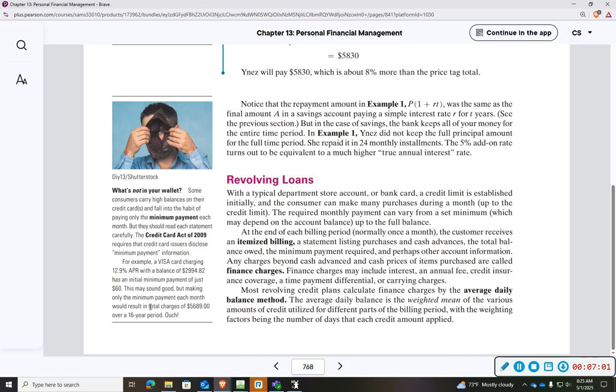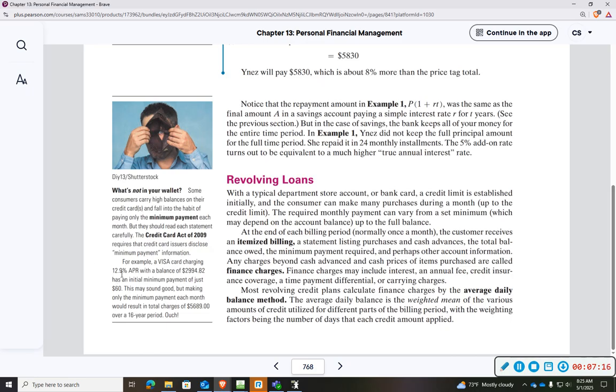It looks good on the consumer side because we only have to pay 60, but in the long run we're going to be paying a lot more, and in this example it's 89% more.